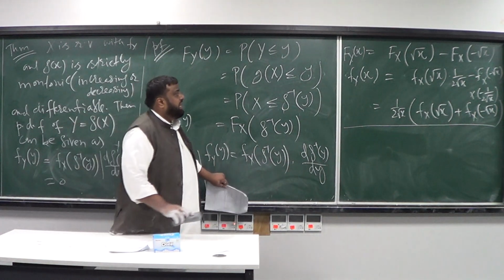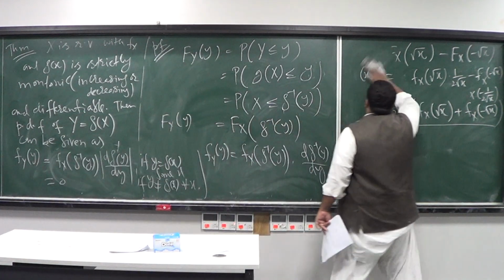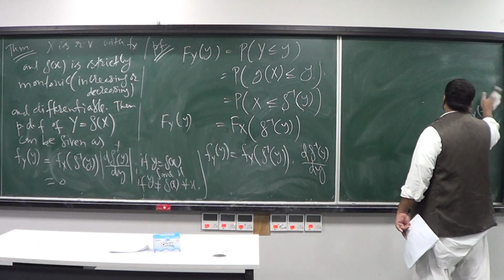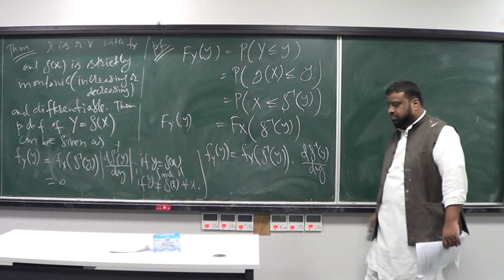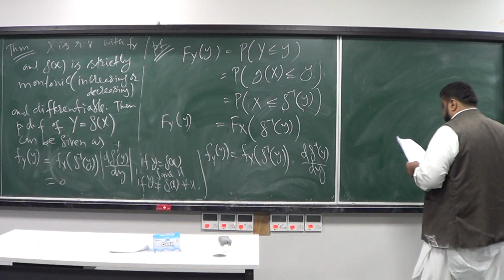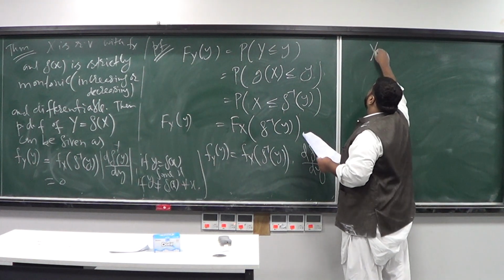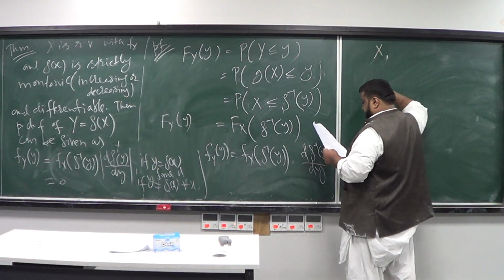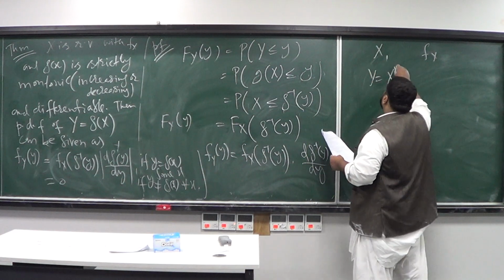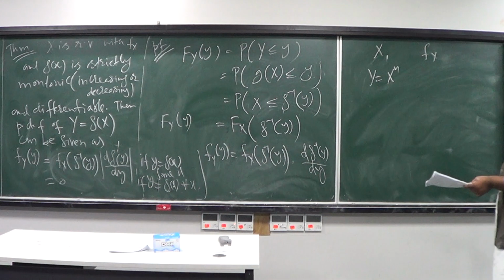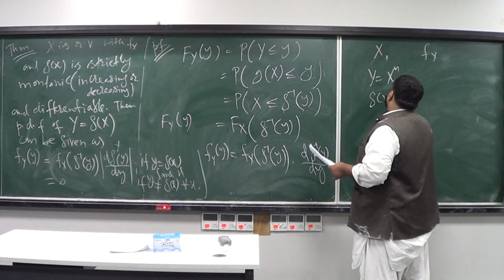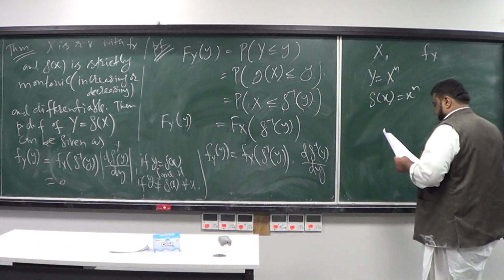And then you can apply it to find the PDF of any kind of random variable. Say you have X, whose PDF is f_X, and you want to find the PDF of X to the power n using this formula. In other words, your g(x) is really x^n.